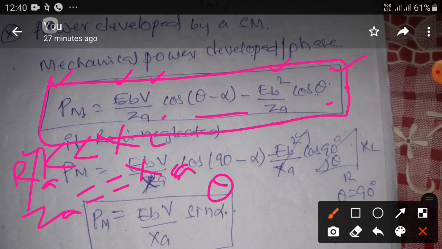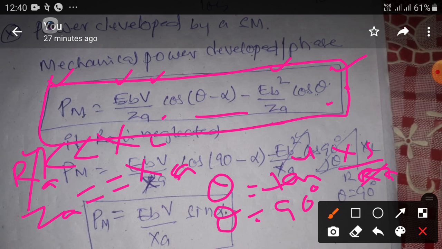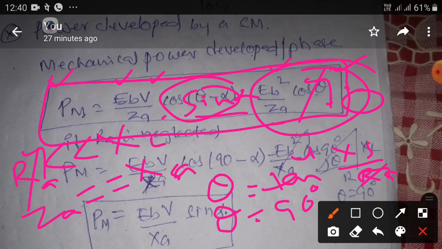We know that theta is equal to tan inverse of XS by RA. Neglecting RA, theta is equal to 90 degrees at that condition. Substituting this in the equation, cos theta goes to 0, and cos of 90 minus alpha is equal to sin alpha. So the second term goes to 0. Then PM is equal to EB V by ZS into sin alpha. That is the simple formula we get here.